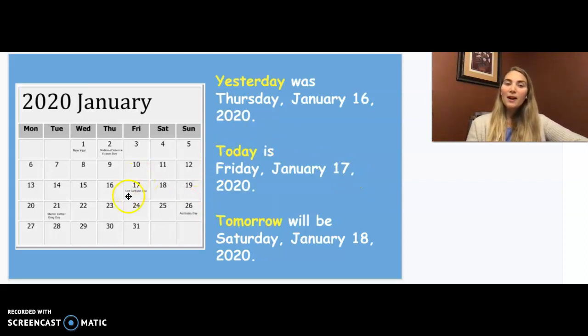And then, if I am pretending that today is Friday, January 17th, and I want to know what tomorrow will be, I'm going to jump one box forward. Tomorrow will be Saturday, January 18th, 2020. Again, the month and the year have not changed.